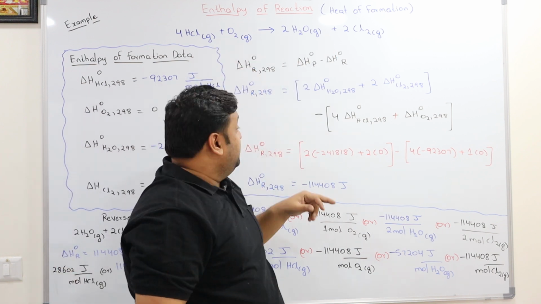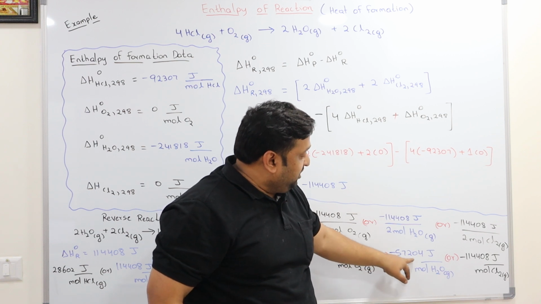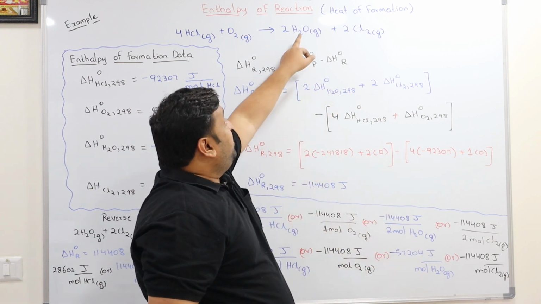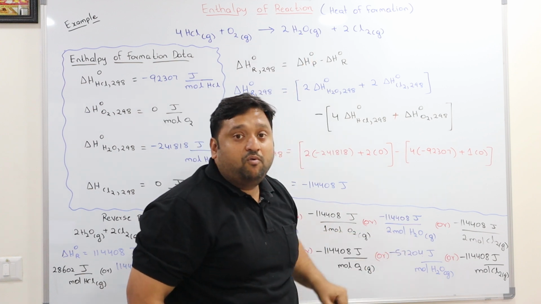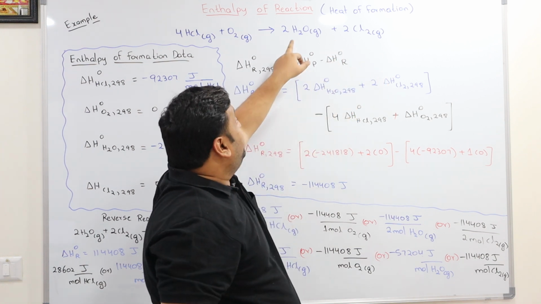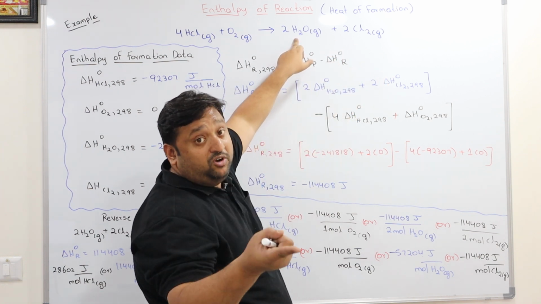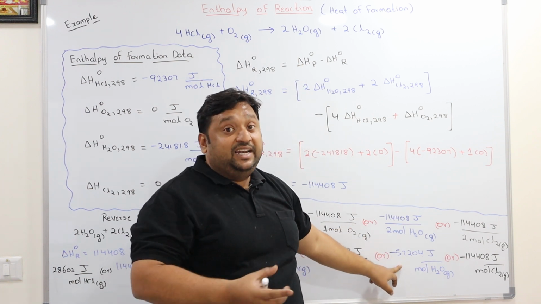In terms of product, minus 57204 joules for every mole of water formed. That is why we divide by 2 moles of water. Because of this reaction, for every 1 mole of water formed, this much energy is released.